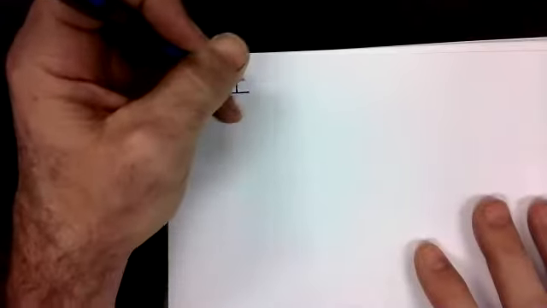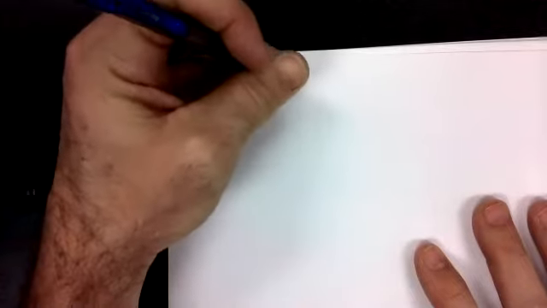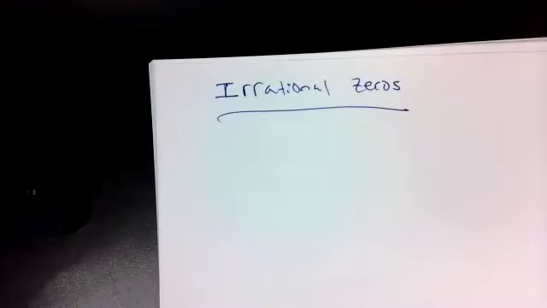Now, like I said, we got to cover some ground because this is all nice and well as long as we get pretty little whole number zeros. All of our zeros were 4 or negative 1 or 5 or something like that. You can also have irrational zeros.